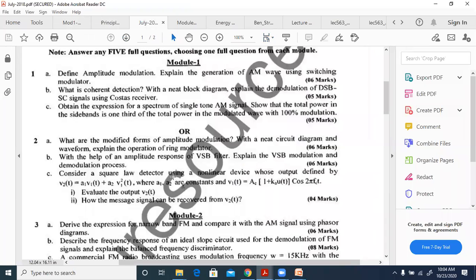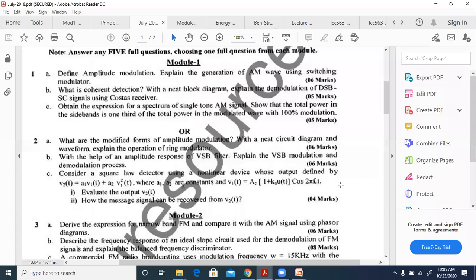Then consider a square law detector using a nonlinear device whose output is defined by V2(t) = A1 V1(t) + A2 V1²(t), where A1 and A2 are constants and V1(t) is as given. Evaluate the output V2(t). We need to just substitute V1(t) over here, and V1²(t) will give us cos²(2πfct), which is equal to (1 + cos 4πfct)/2. Then how the message signal can be recovered from V2(t), you need to describe that by putting it through a low pass filter.